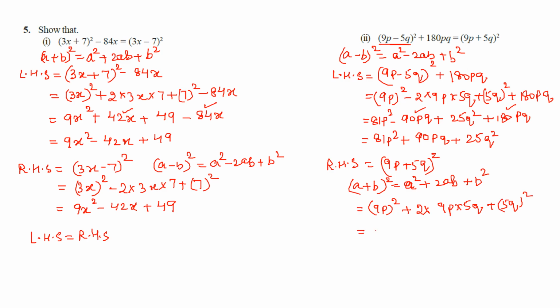So (9p) whole square will give me 81p square plus 2 into 9 into 5. 2 5s are 10. 10 into 9, 90pq plus 5q square, 25q square. So you can see here again LHS and RHS both are same. So from here I can write LHS is equal to RHS. So this is the second question. Now moving to third one.